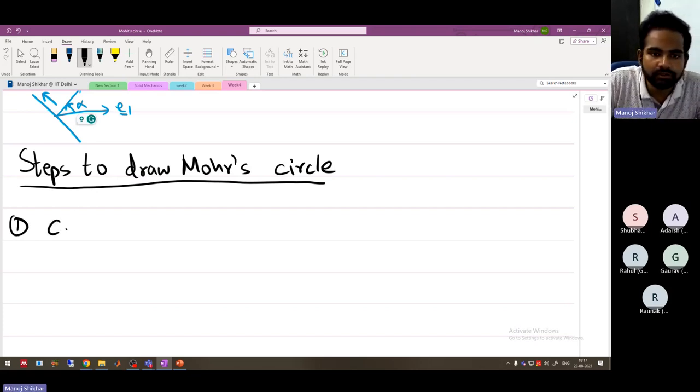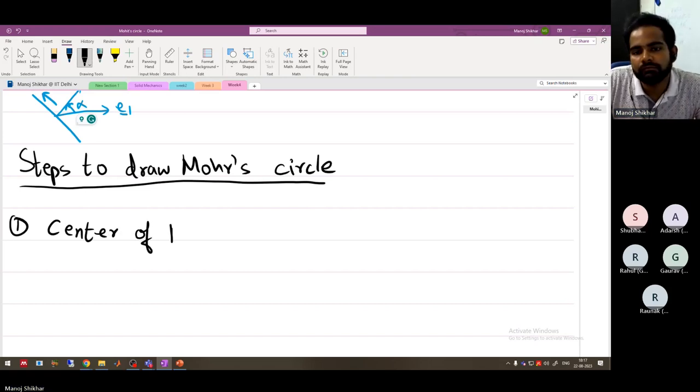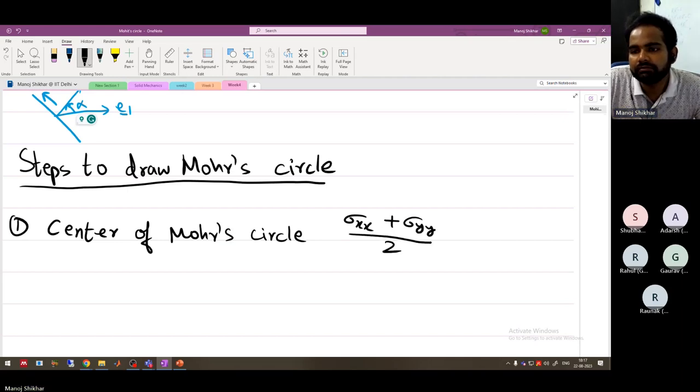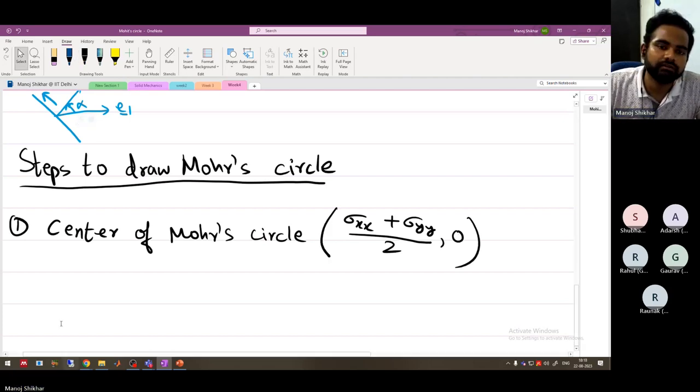So center of Mohr circle will be sigma xx plus sigma yy by 2 comma 0. So this is the center.